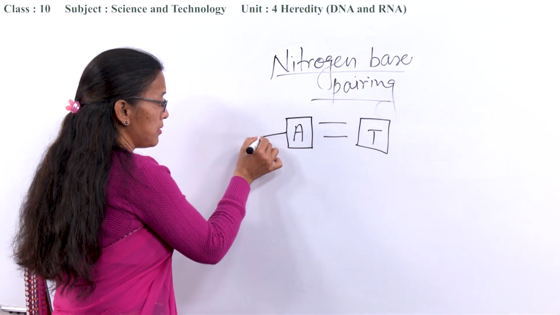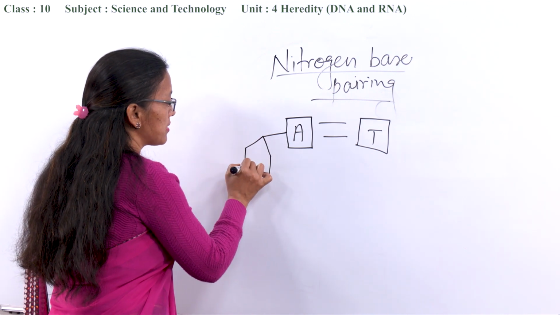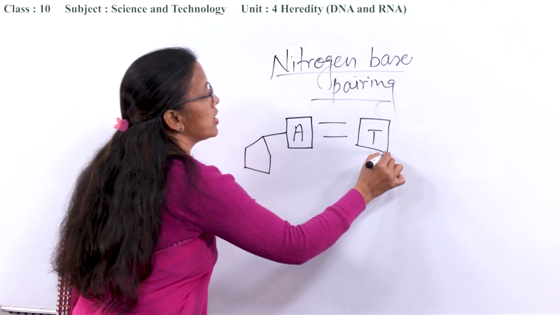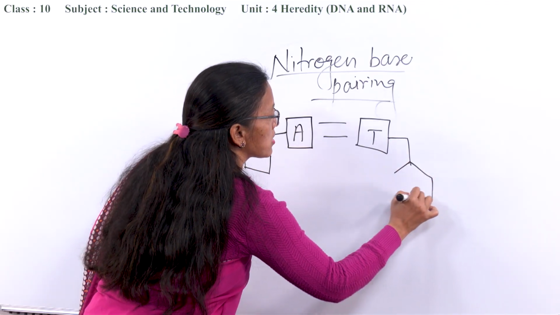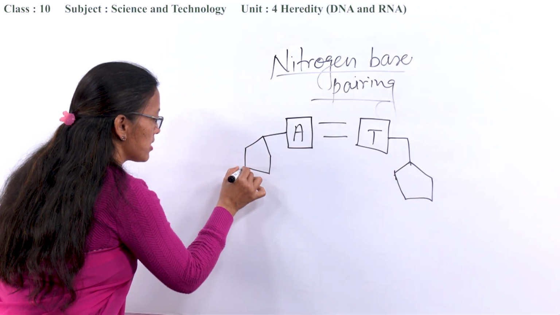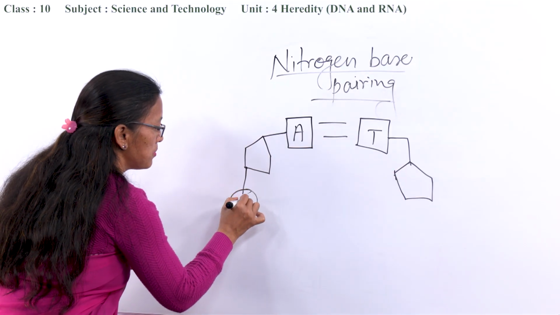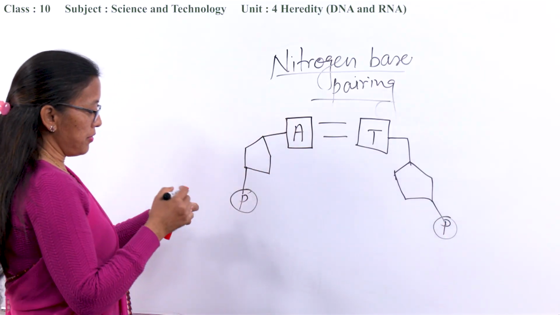This adenine will pair on this side with a sugar molecule, which is deoxyribose sugar, and this also pairs with another molecule, the phosphate molecule.